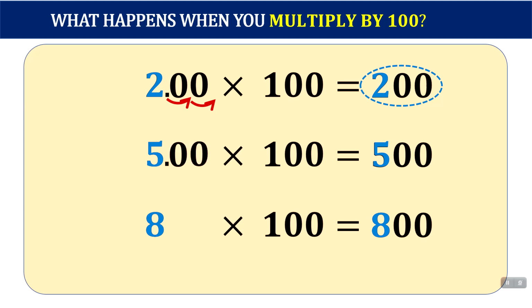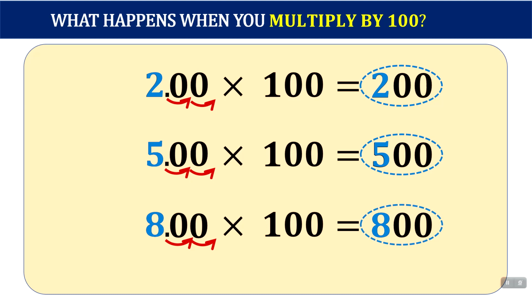If we rewrite 5 as 5.00 and we move the decimal place 2 places to the right, it now is positioned after the last 0, and that is the same as 500. And if we rewrite 8 as 8.00, multiplying by 100 means moving 2 places to the right, 1, 2, and now the decimal place is after the second 0, and that is the same as 800. So the rule is multiplying by 100 moves the decimal 2 places to the right.